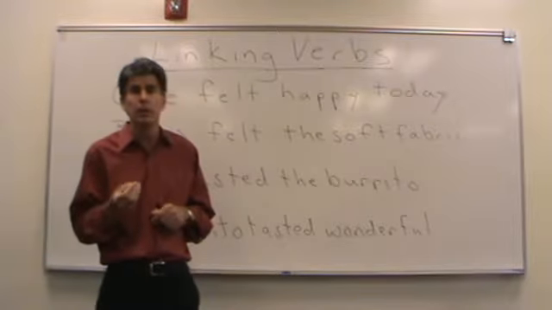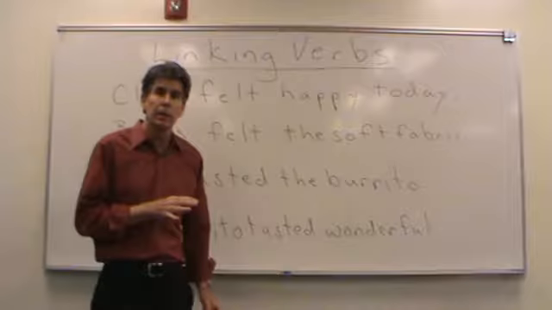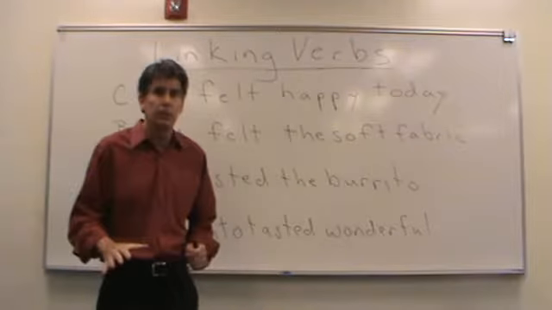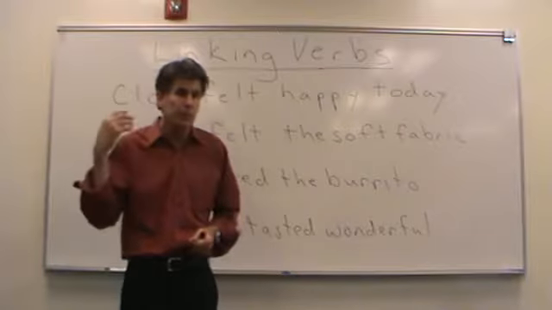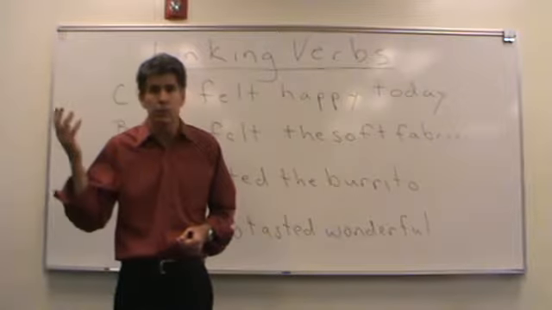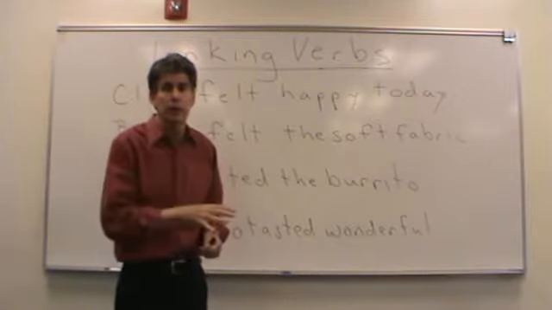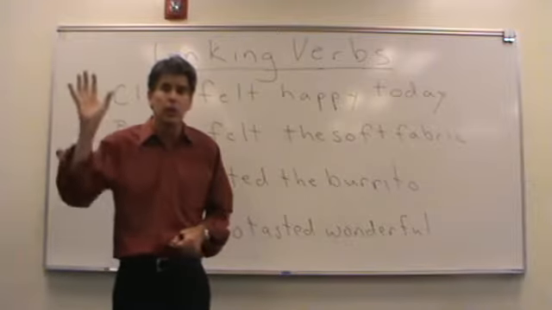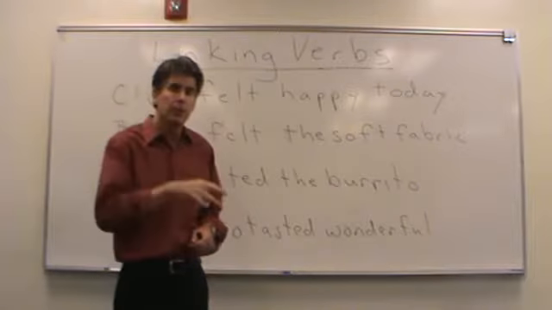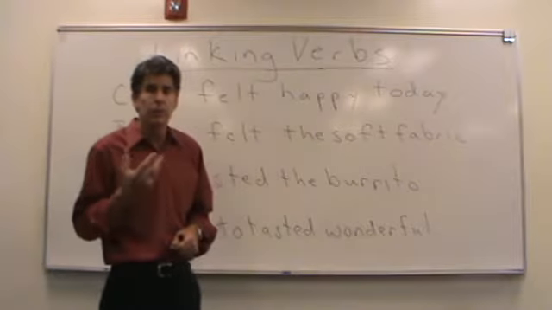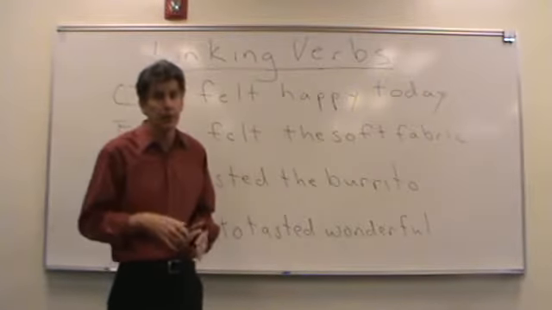Now, it's very important to keep in mind, if you're not on the linking list, you're not a linking verb. You can't be. Action verbs, such as run or throw or speak, those aren't on the linking list. Those are always action verbs. Okay? So this only applies to about 10 or so of the linking verbs on the linking list.